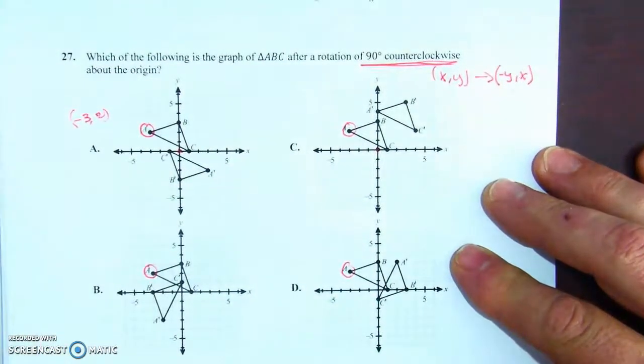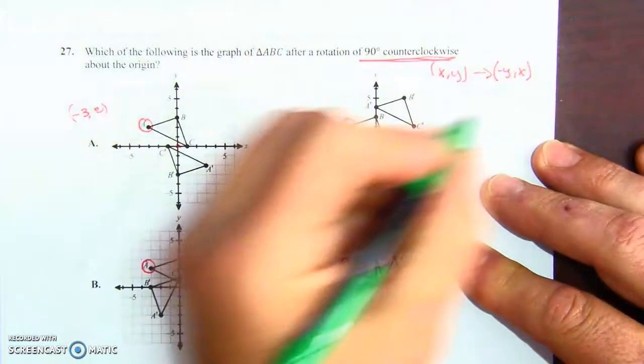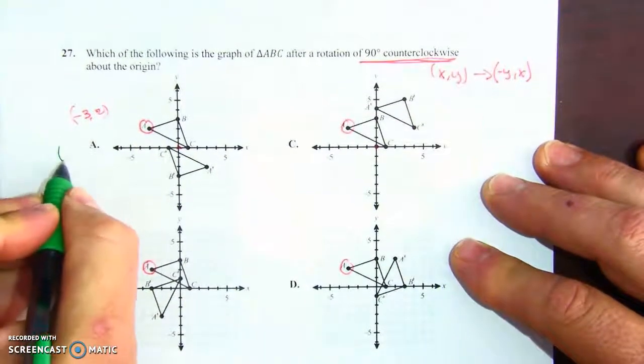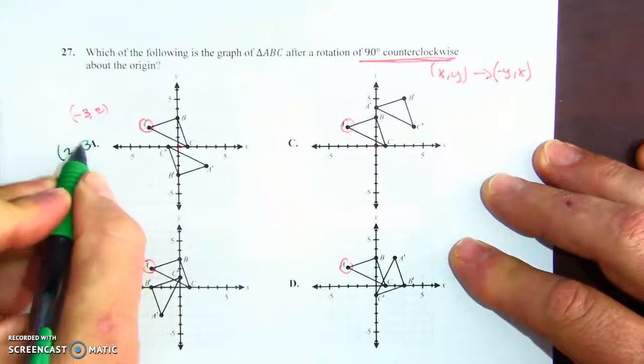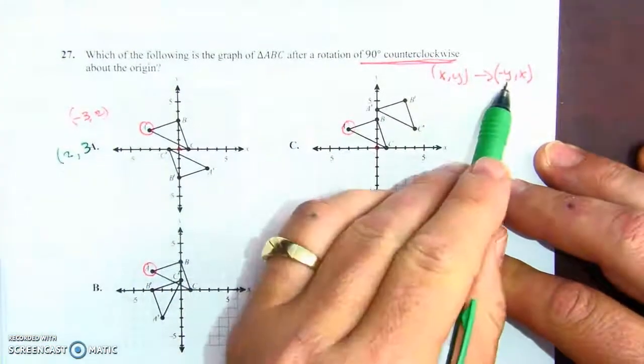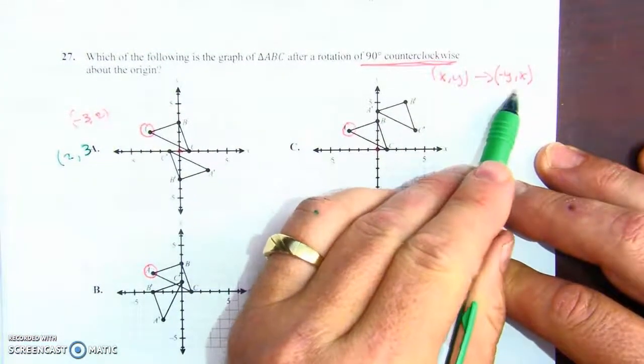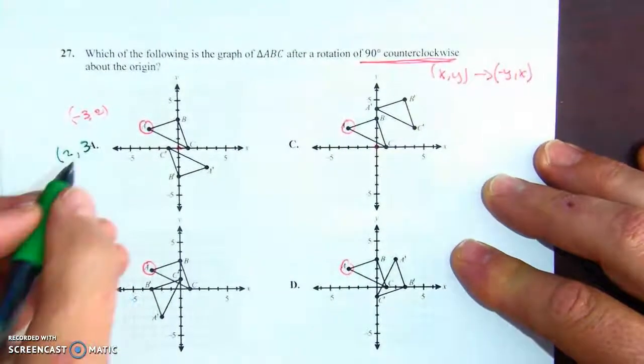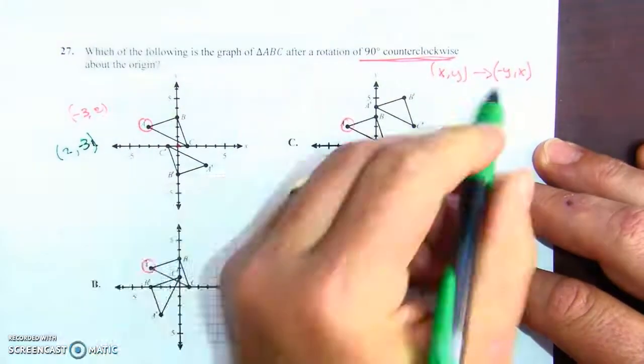So I'm going to change the color of my pen, and we're going to switch spots. Here we go. I'm going to put a 2 comma 3, switching spots, and then the y changes to opposite, x stays the same. Since x is negative, we're going to keep x negative, and then the y is going to change.